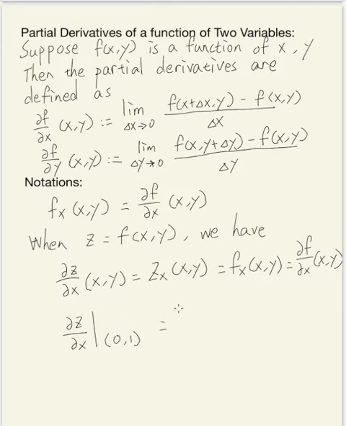This is the same as dz dx of 0, 1. The only reason we do this is to make a distinction that we are picking out a specific set of values to evaluate this dz dx. You can also just write it the other way. It's perfectly fine. So these two notations are very similar. Okay, these are the notations.